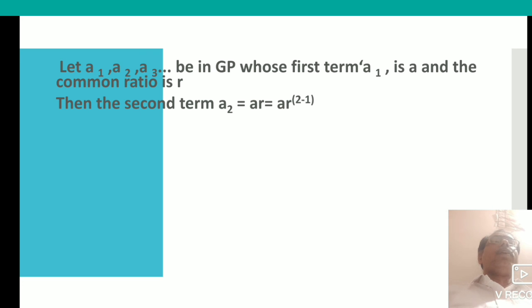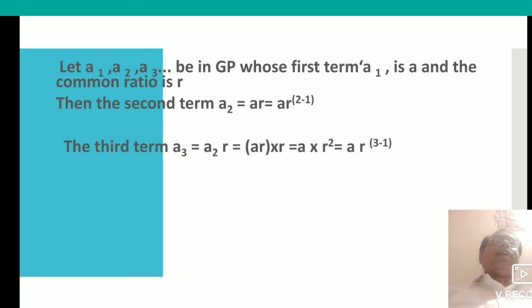Now the third term a3 is equal to, simply you have to multiply r to the a2 term, so a2 into r, so we get ar and again into r. So a into r square is equal to a into r power 3 minus 1.